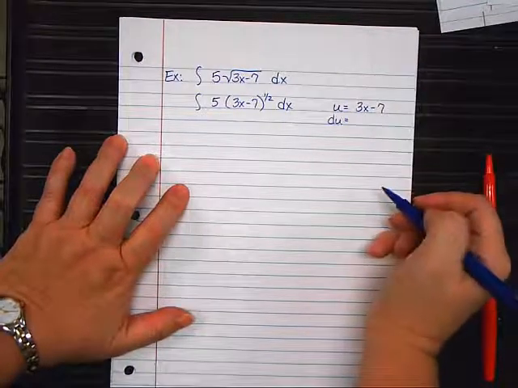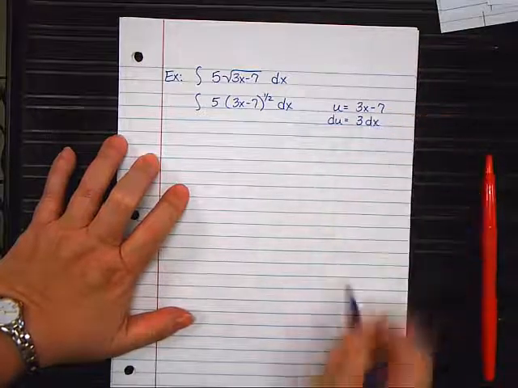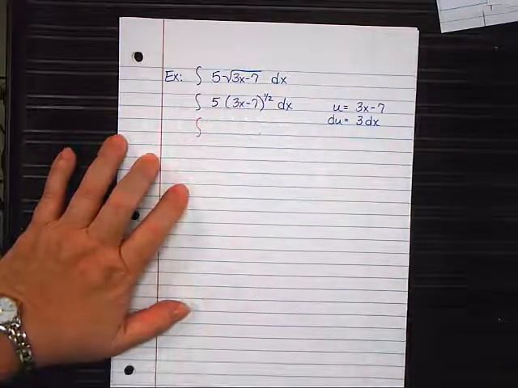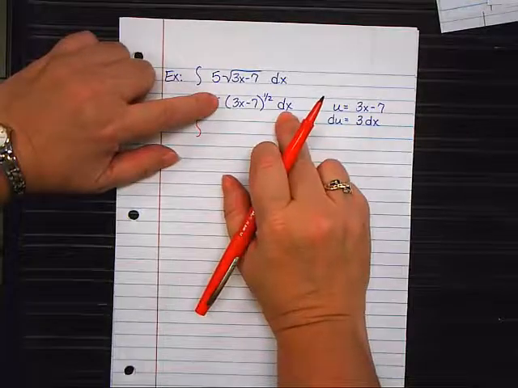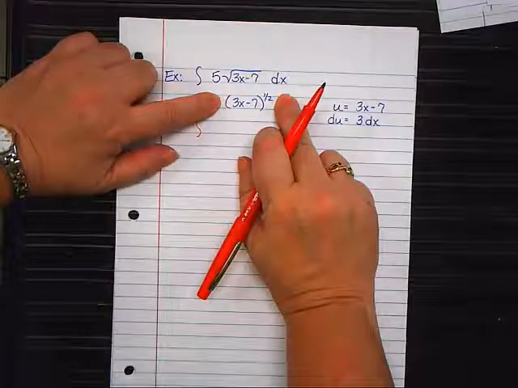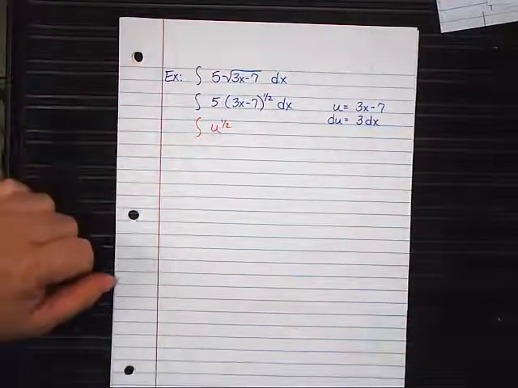You're ahead of me. Okay. du is 3dx. Leave that alone for a minute. So we switch to other color. Now, focus on what u is. How do I write the u part in terms of u? u to the 1/2.